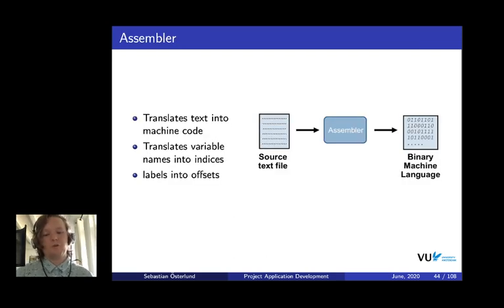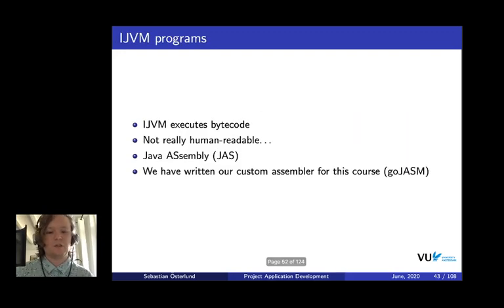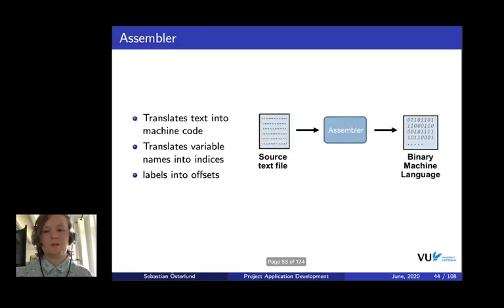To give you a bit of background on assemblers, to take away the magic here, because we provide you this tool and want to explain a bit what it does. You've probably also seen this during computer architecture. An assembler takes a source file containing text in a human readable format and then assembles this into binary code.